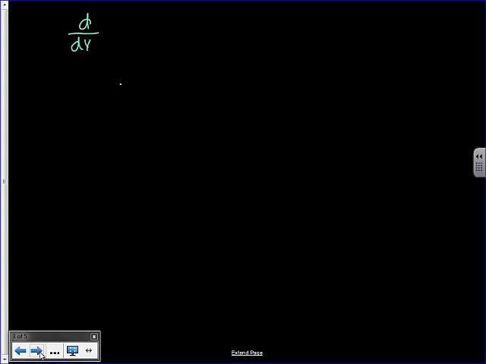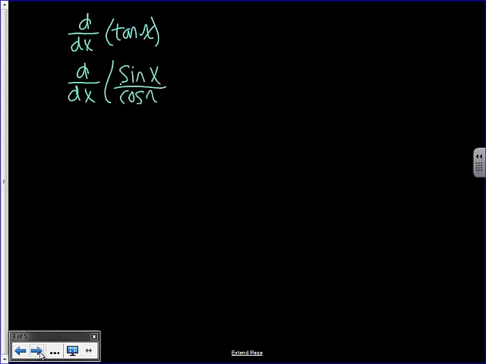Okay, moving on. d dx of tan x. All right, well, I can rewrite that as, well, tan is just sine over cosine. Ooh, what do we have? We have quotient rule. Okay, so again, I'm going to do my f and g, and my f prime and g prime.